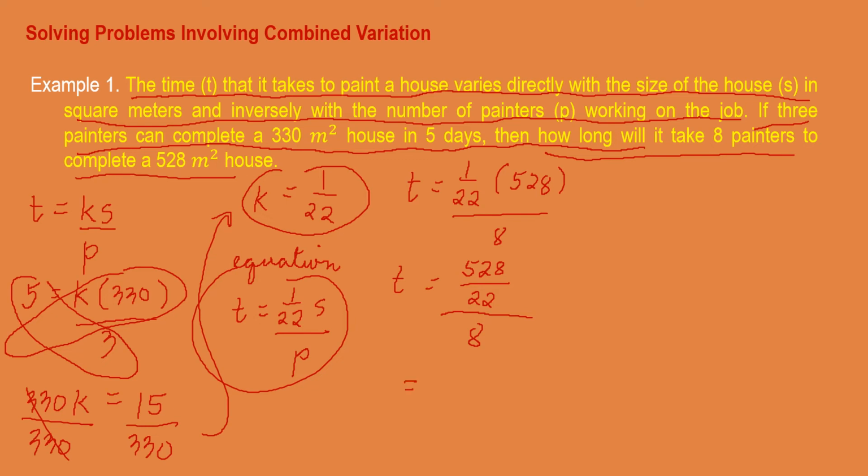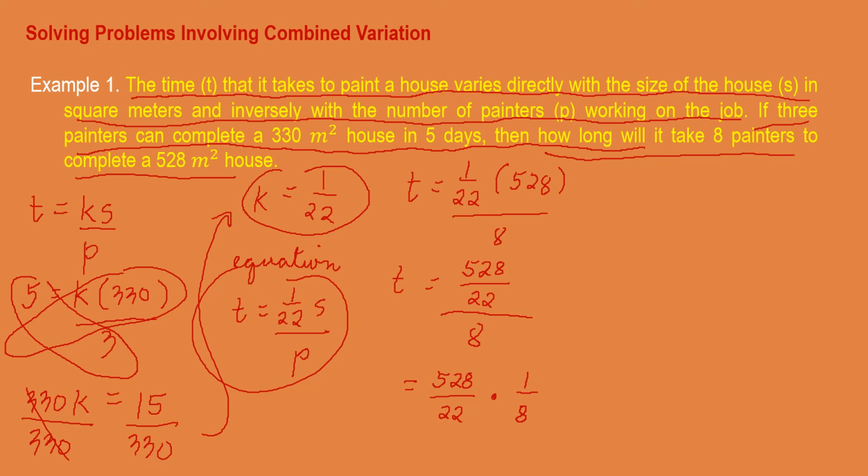How do we divide fractions? In dividing fractions, we multiply 528 over 22 by the reciprocal of 8. The reciprocal of 8 is 1/8. So 528 over 22 times 1/8.